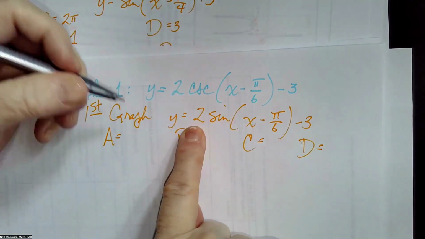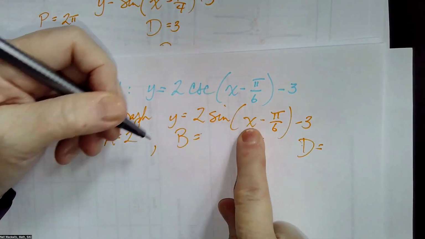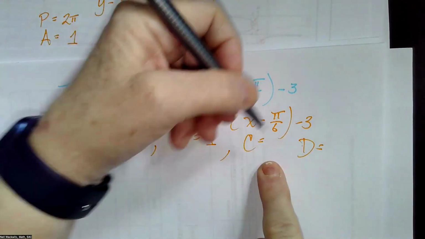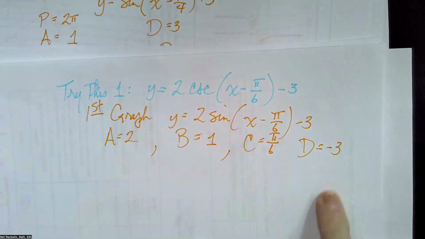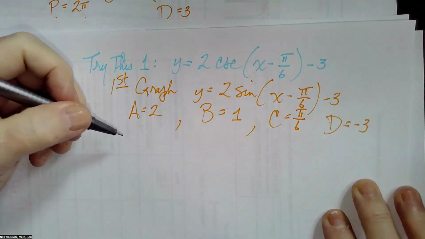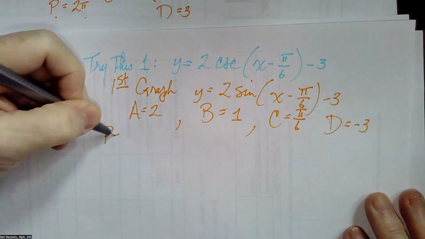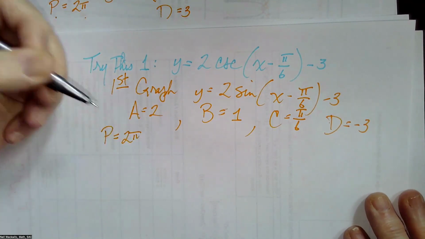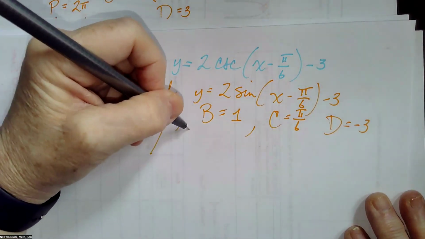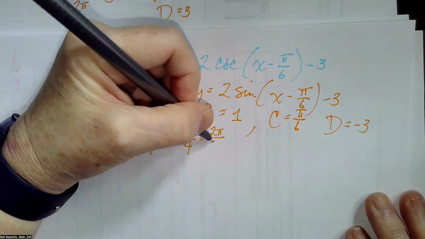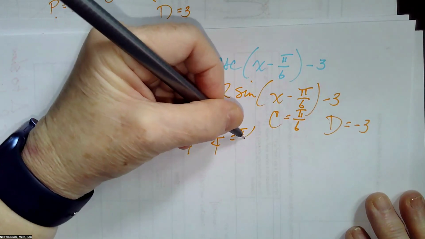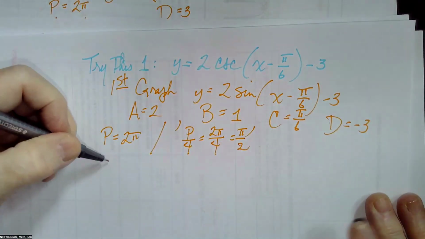And we can see that A is 2, B is 1, C is pi over 6, and D is negative 3. The period is going to be 2 pi, and the period over 4 is going to be 2 pi over 4, or pi over 2.